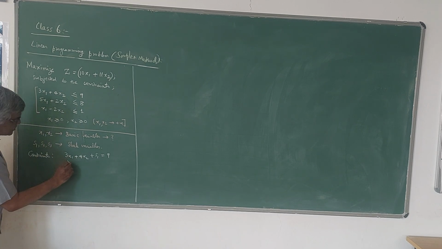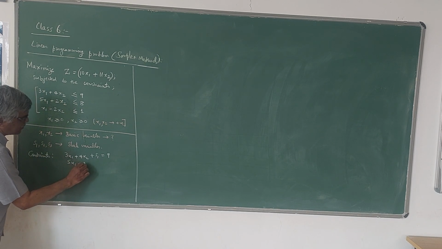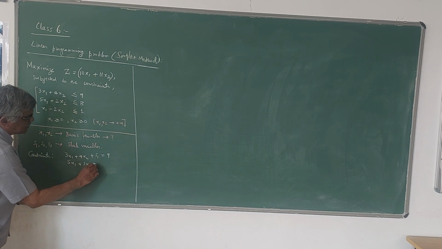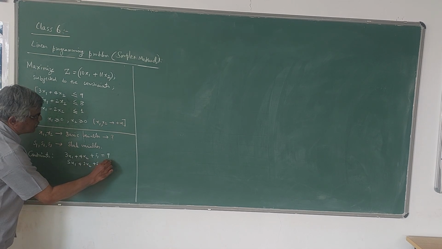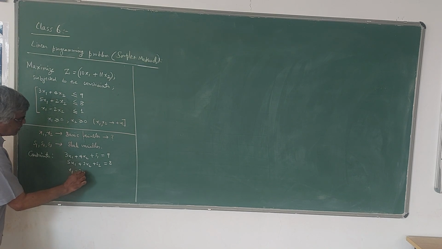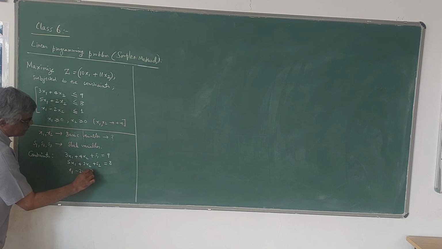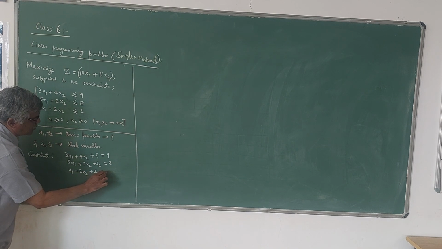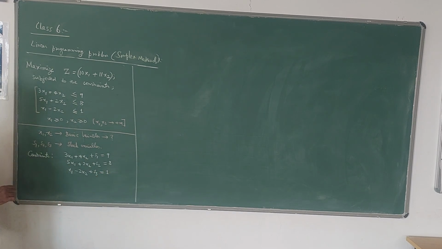For the second constraint, 5x1 + 2x2 + s2 = 8. For the third one, it is x1 − 2x2 + s3 = 1. This is how we convert inequalities to equations by adding the slack variables.